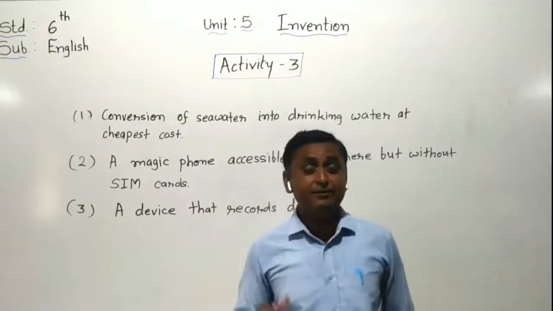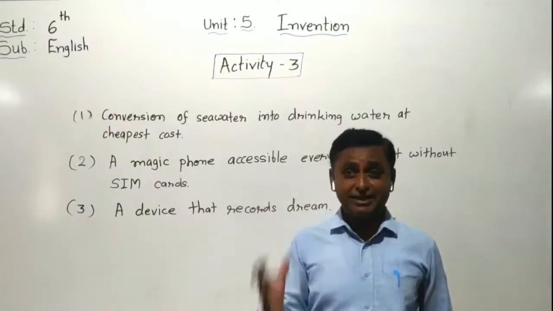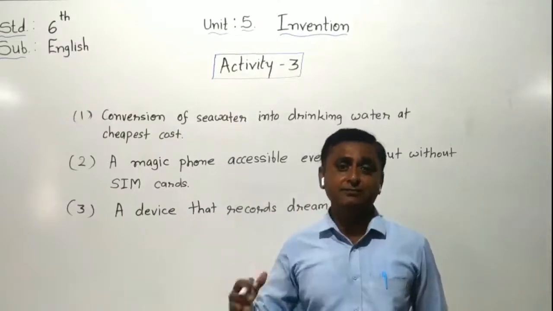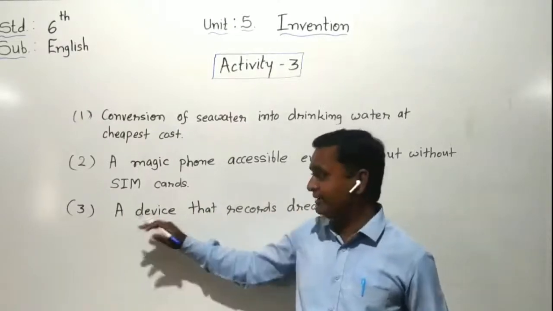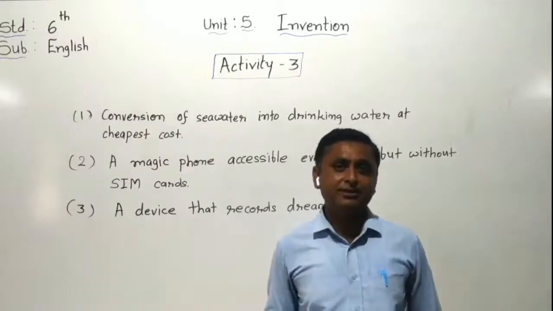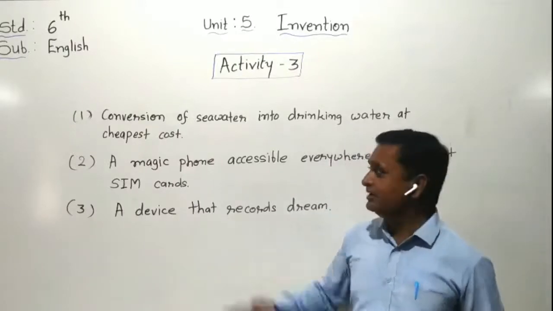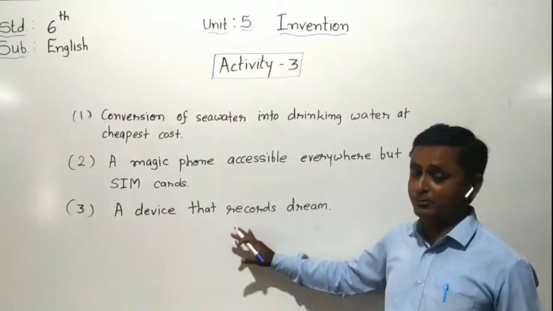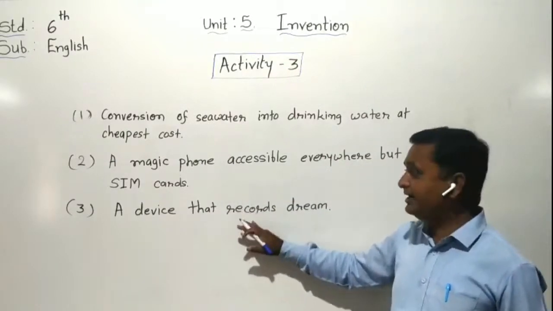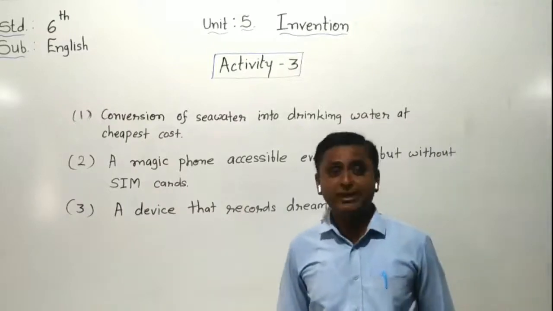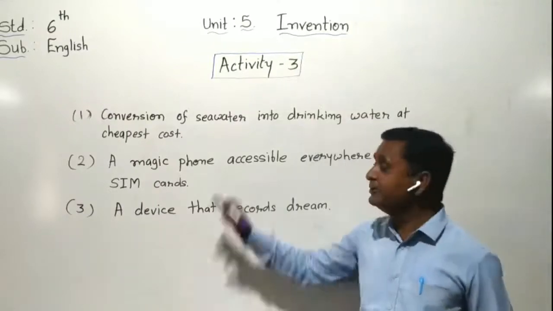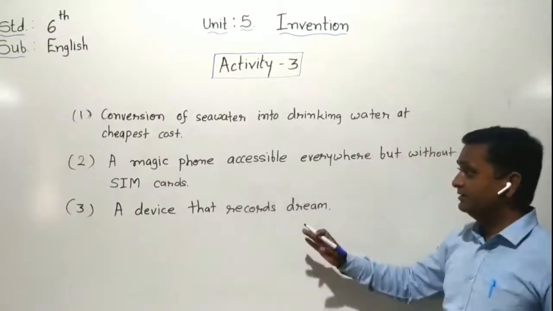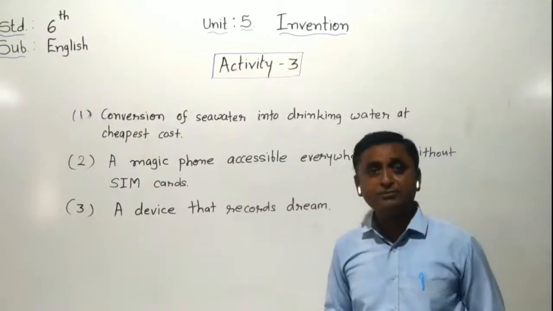Whenever we sleep, we see dreams, and if that machine is on, then our dreams will be recorded in that machine. That type of machine is required as a new invention. So here I write three real problems. For these problems, we have to find new inventions, new devices to solve them. You have to write these three problems in your textbook.